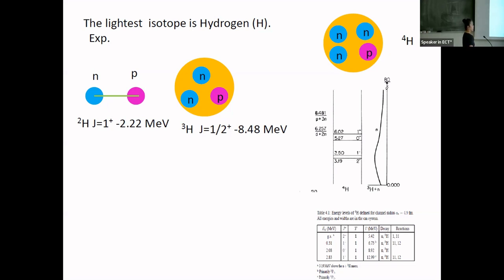And we can add one more neutron, and this is hydrogen 4. In the experimental data, you can see this hydrogen 4 is a broad resonance state. This is the ground state, with the lowest threshold, and the energy is much higher, around 3 MeV above this threshold. And gamma is 5 MeV, a very broad resonance state.